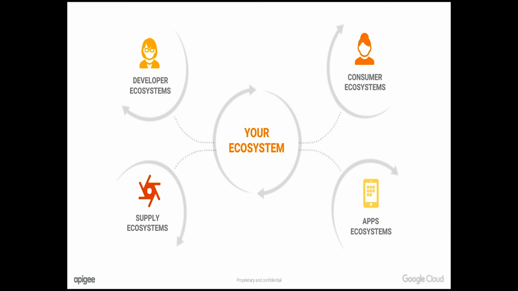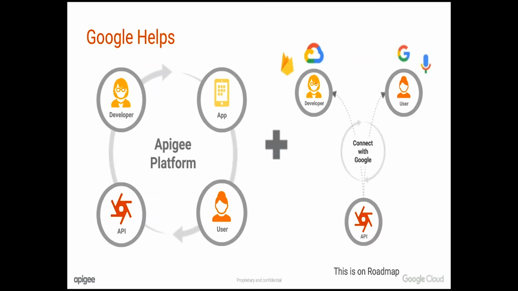And we are going to help you with technology. Our Apigee platform helps you build out awesome APIs and developer-facing properties, and helps you understand what you need to do with respect to monetizing those APIs. We can help you build out your own platform.